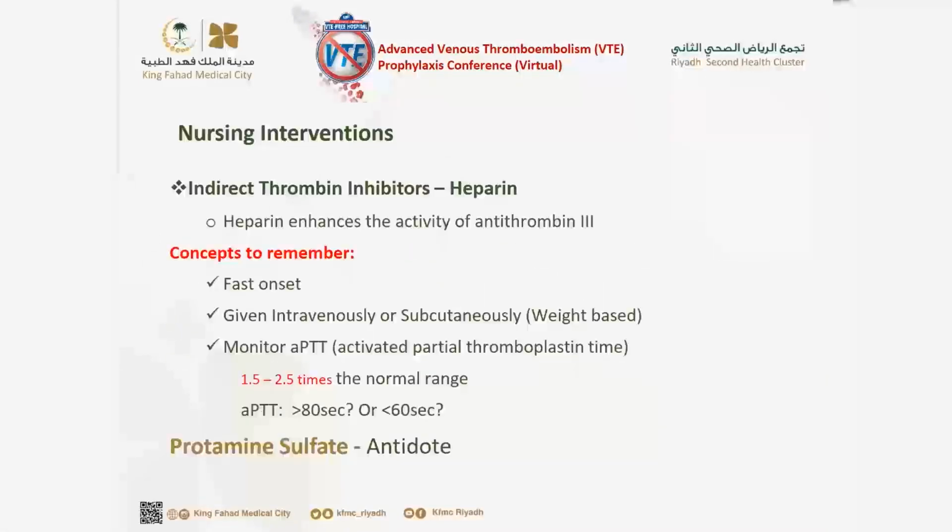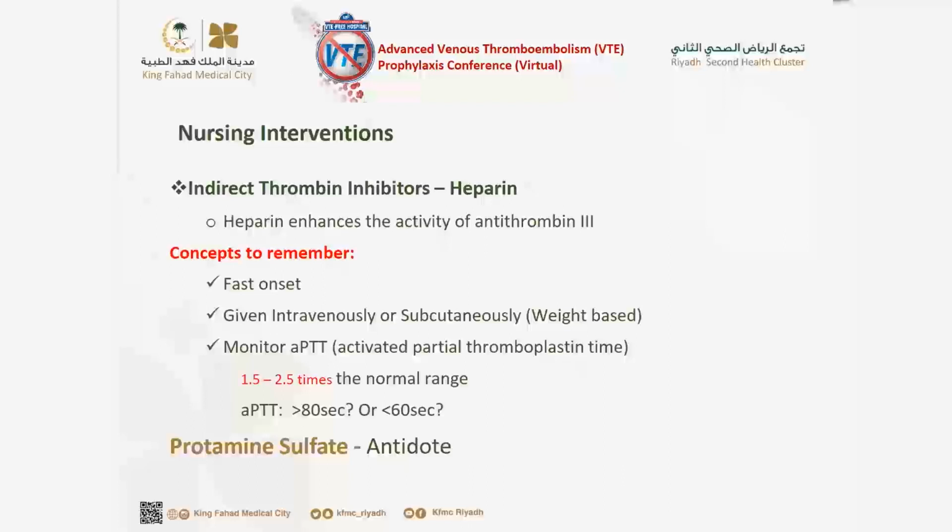When we look at heparin, heparin enhances the activity of antithrombin III. The concept for nursing to remember here is that this is fast onset, it's given intravenously or it can be given subcutaneously, and it's weight-based. The most important thing for nursing is that you have to make sure that the patient has a current weight so that the physician can order the medication correctly.